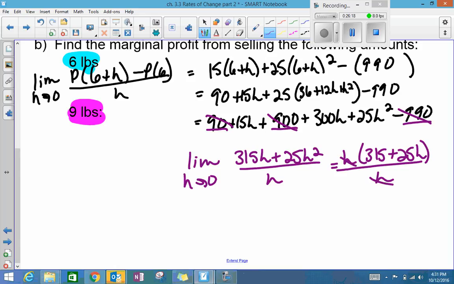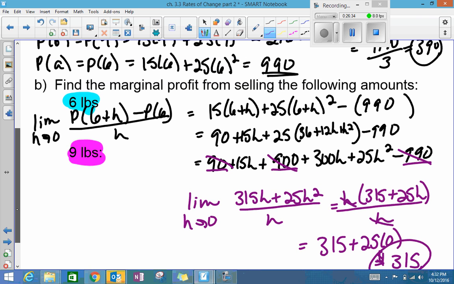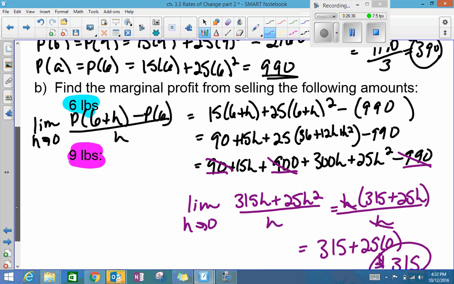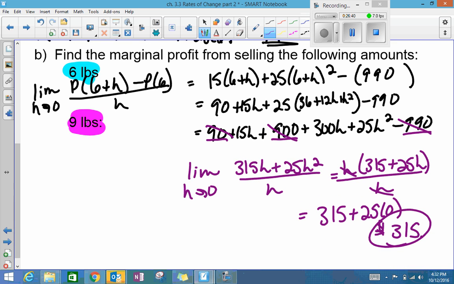The h's cancel, so the limit as h approaches 0 of 315 plus 25 times 0 is 315. So the instantaneous rate of change for profit at selling 6 pounds of potatoes is 315.